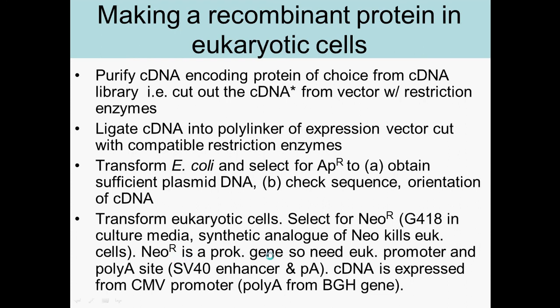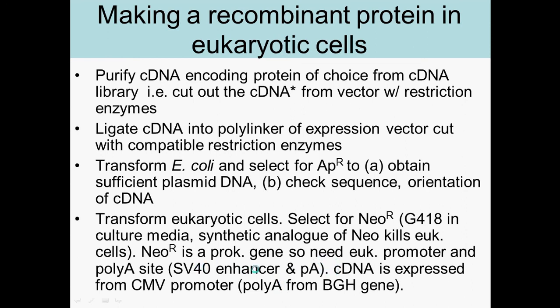And then neomycin is a prokaryotic gene, and then you'll be using eukaryotes to express a prokaryote gene, neomycin resistance. So you're going to need eukaryotic promoters for the neomycin gene and a poly-A site for the neomycin gene.